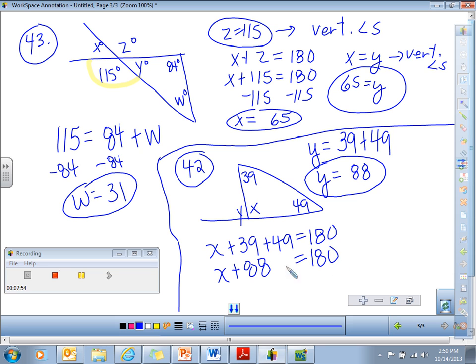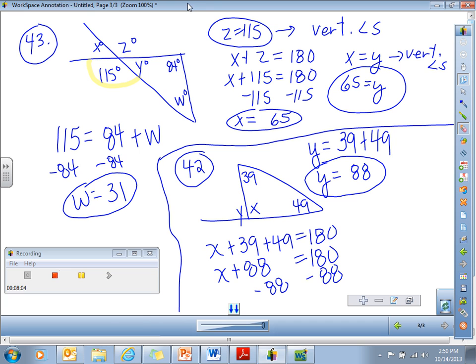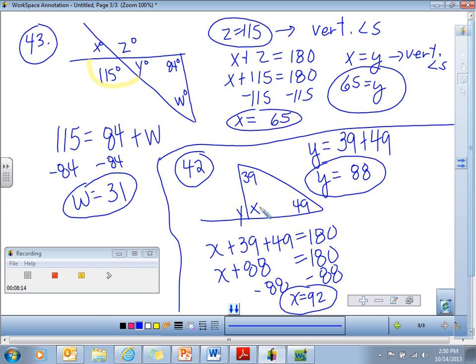And then if you subtract 88, X is equal to 92. Very good. Or you could have said these are a linear pair that make up 180 degrees. You could have said Y plus X is equal to 180. We knew that Y was 88. So X would be 92. Either way.